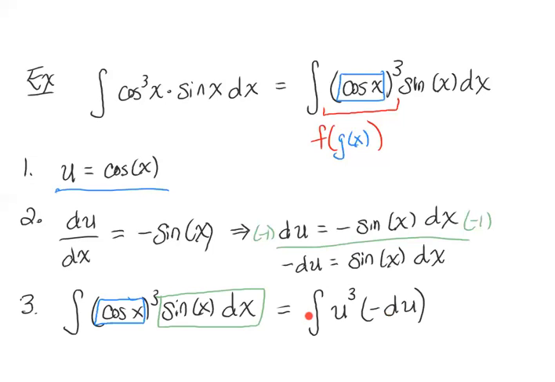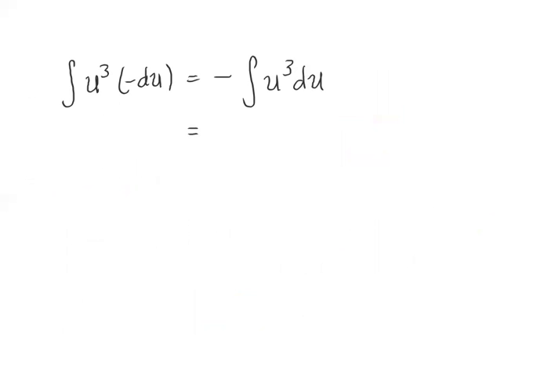I can integrate that. So integral of u cubed negative du is equal to negative integral of u cubed du. I can apply one of my rules of anti-differentiation. So this is negative u to the 3 plus 1, which is 4, times 1 over 3 plus 1, which is 4. All of that plus c.